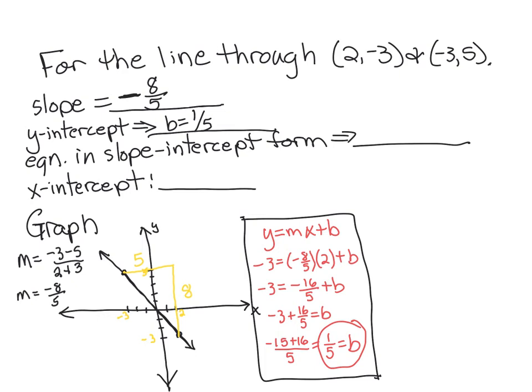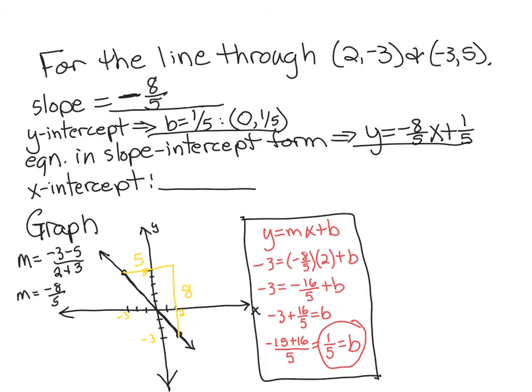My graph looks like it's crossing at the origin, but it's actually just a little bit above. This is the point where x equals 0, right? And now because I know my m and I know my b, y equals mx plus b. And I have the equation of the line.